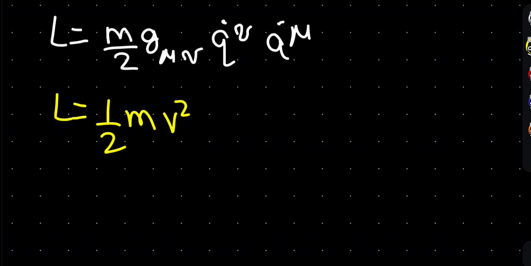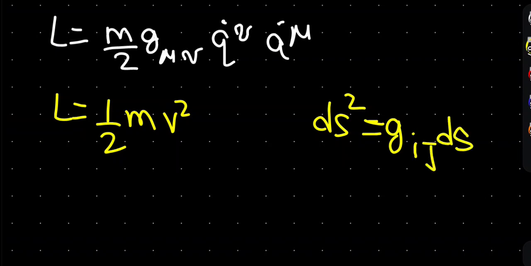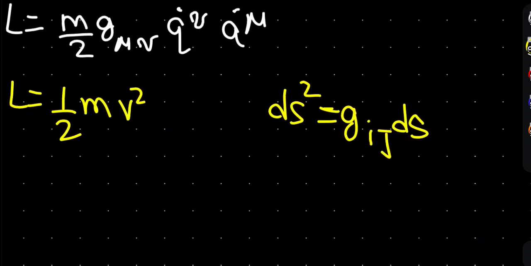So the distance between two points on a curved space is measured by ds squared equals g_{ij} dx^i dx^j.